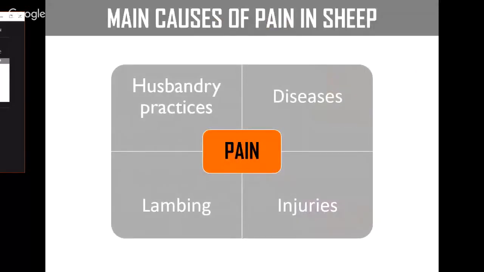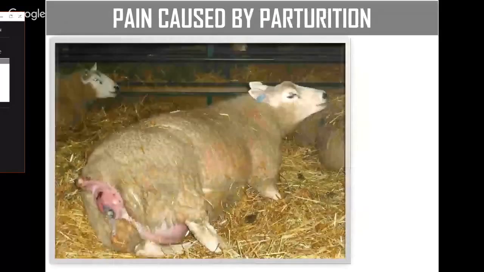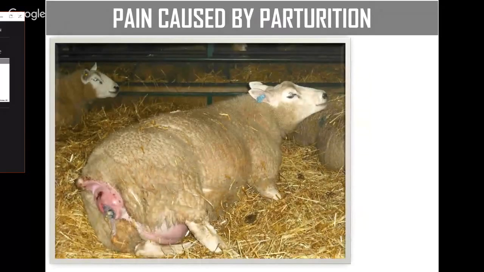Now, husbandry practices are one of the causes of pain in sheep. Another important cause is diseases, and among those, probably lameness and mastitis are the 2 major medical causes of pain in sheep. And then we have another potential reason of pain in sheep, which is lambing.